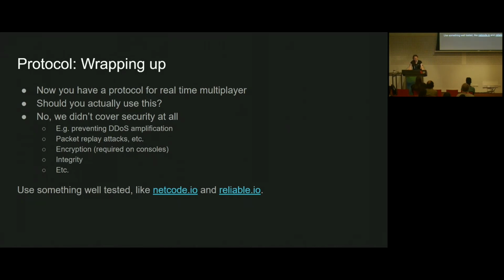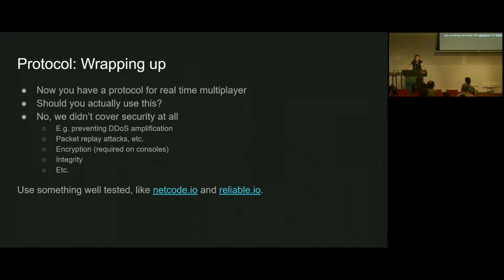Well, no, because we didn't actually cover security at all. Nothing that I've written or explained here covers preventing DDoS amplification, which you need to consider if you're writing a raw UDP protocol and running it over the internet, because you can totally spoof the source IP of a UDP packet.